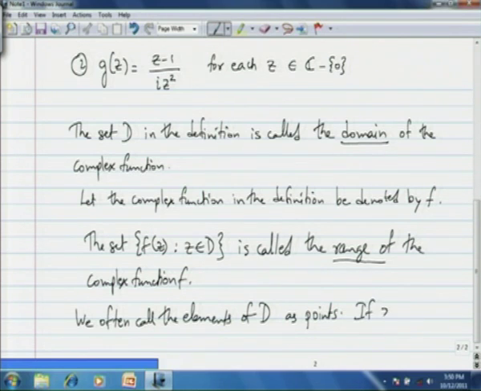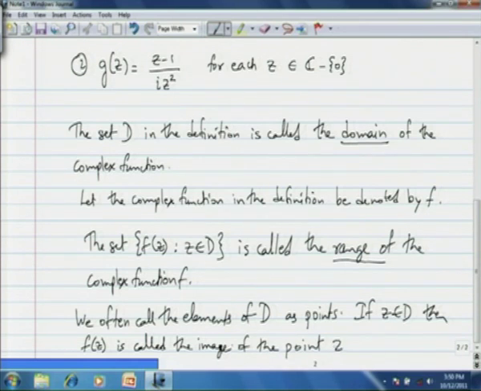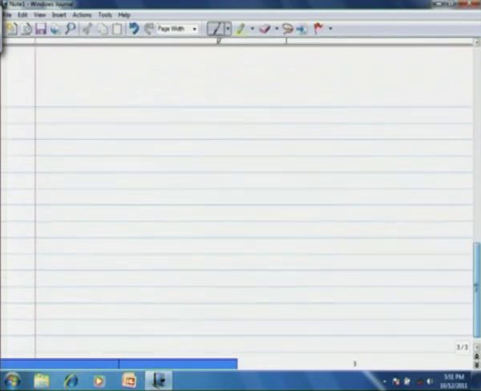If z belongs to D, if z is a point, then f of z is called the image of the point z under the function f. Okay, so this is some terminology we will keep using.